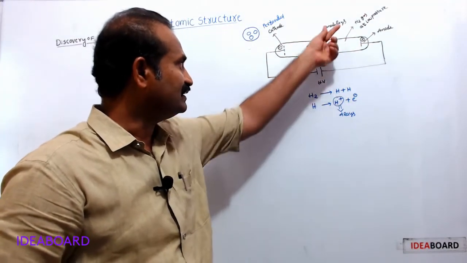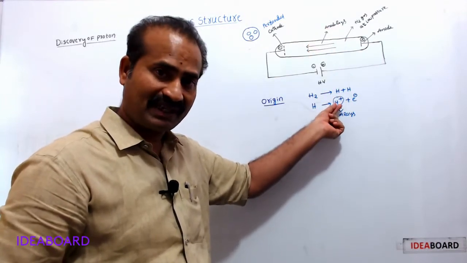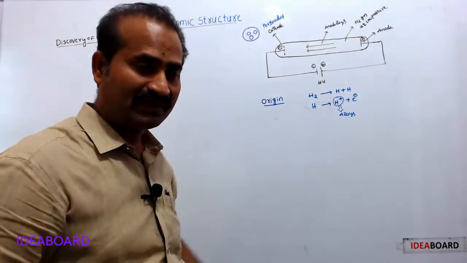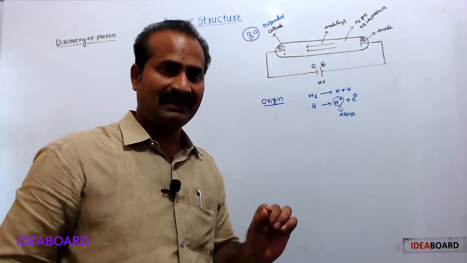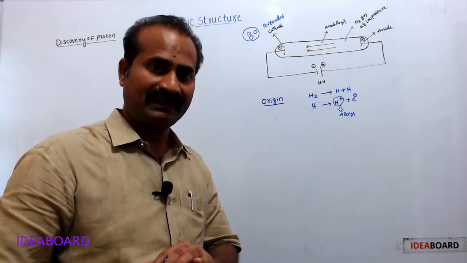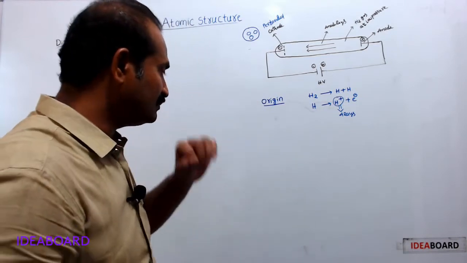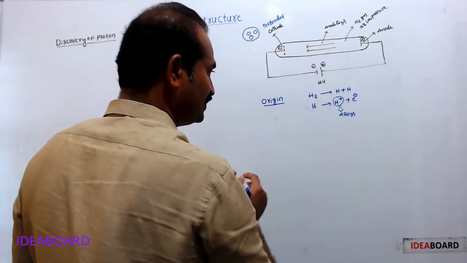That's why anode rays are nothing but a stream of positively charged ions. Therefore, anode rays are a stream of positively charged particles. This is the origin of positively charged particles.